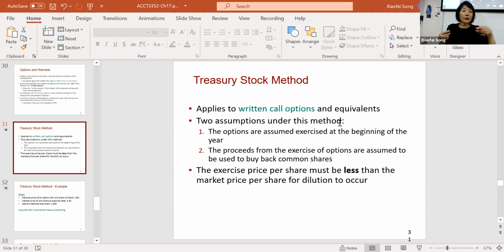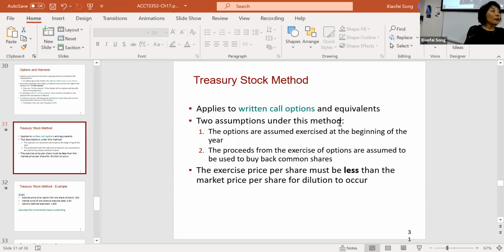So the net impact of stock options or warrants under the treasury method is the net increase in the common shares: shares increase when options and warrants are exercised, but decrease when the proceeds are used to repurchase shares. Whatever the difference between the two is the net increase of shares outstanding. Now, if you think a little bit about it, what if you end up buying back more shares than the shares issued?